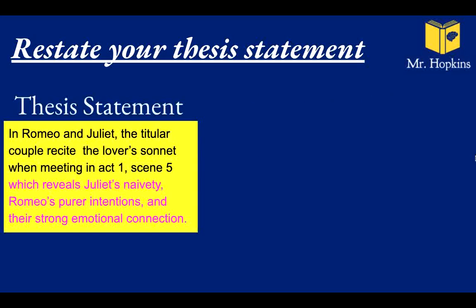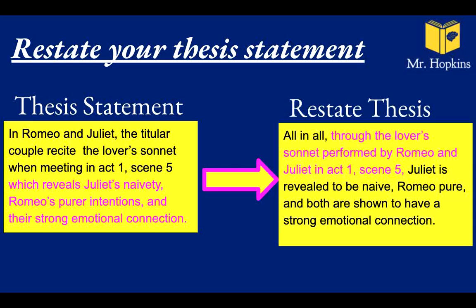Finally, in the introduction I've written, in Romeo and Juliet, the titular couple recite the lover's sonnet when meeting in Act 1, Scene 5, which reveals Juliet's naivety, Romeo's purer intentions, and their strong emotional connection. Rewording that, I might swap them round.